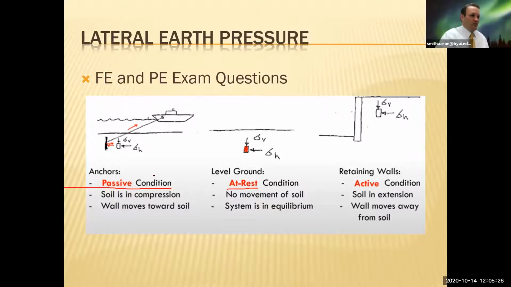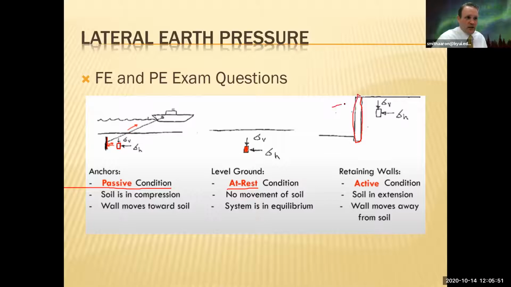That anchor, part of it is a wedge, and you can imagine if this is your anchor, it's pushing on these soil particles in a horizontal direction, and it's increasing that force, that pressure, and we call this the passive condition. You can also create a passive condition with a wall like the one shown right here.